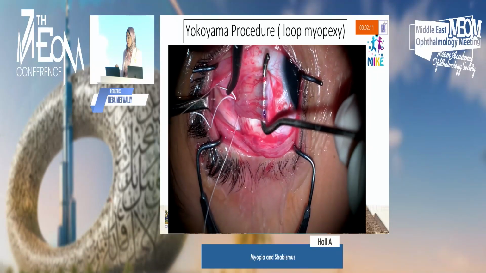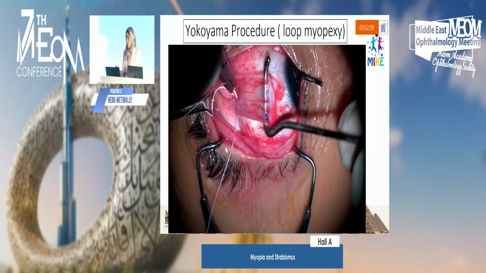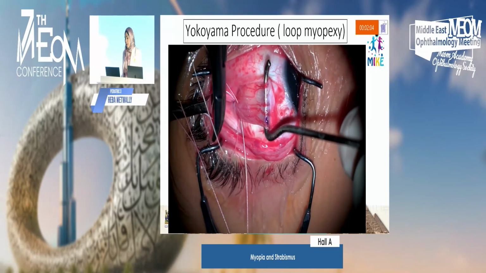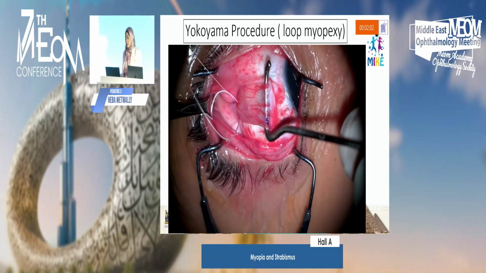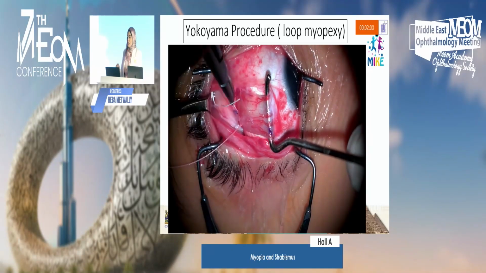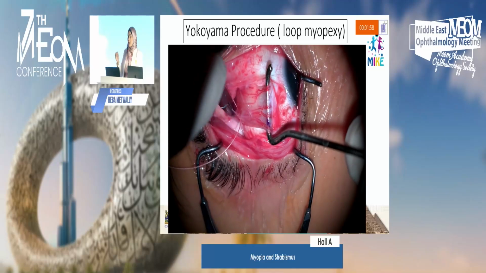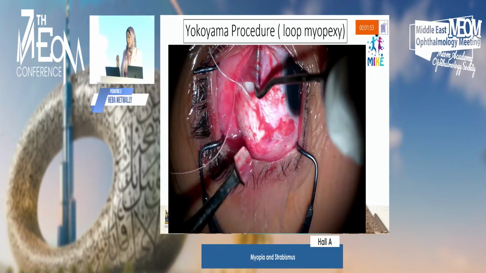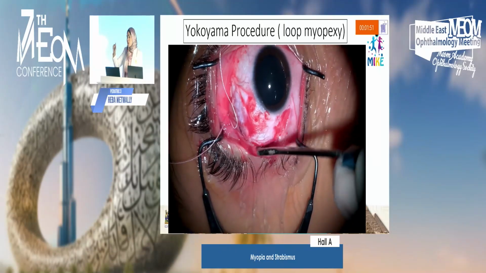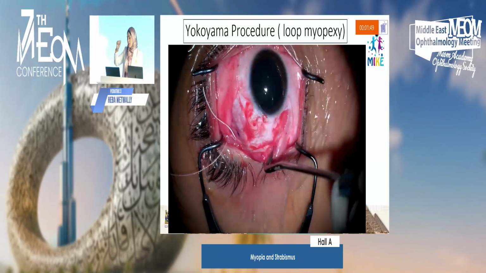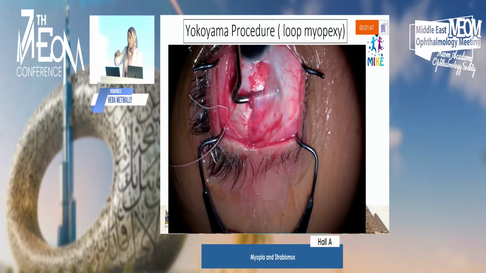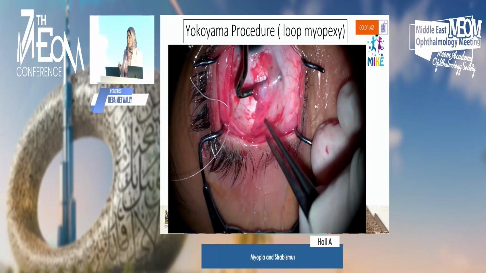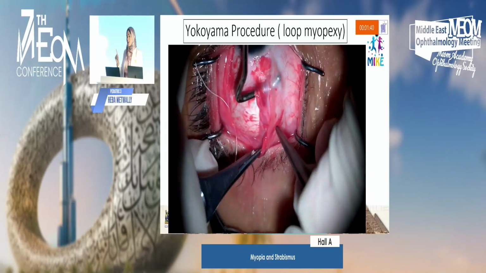Then I hook the lateral rectus to make the intermediate. It is not reported that you need to make a scleral suture, but I do this modification: a very superficial episcleral stitch, 15 millimeters behind the limbus, midway between the superior rectus and lateral rectus muscle.